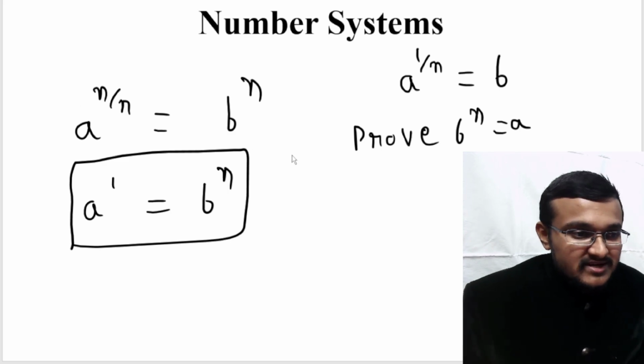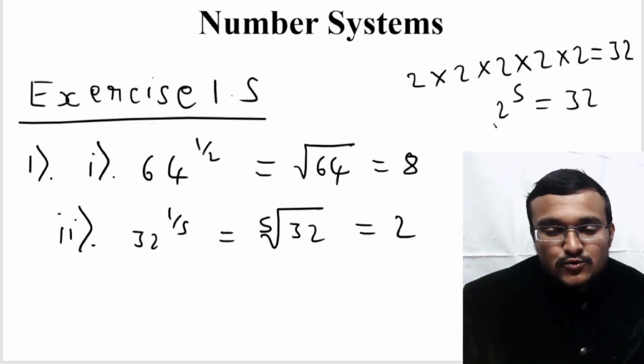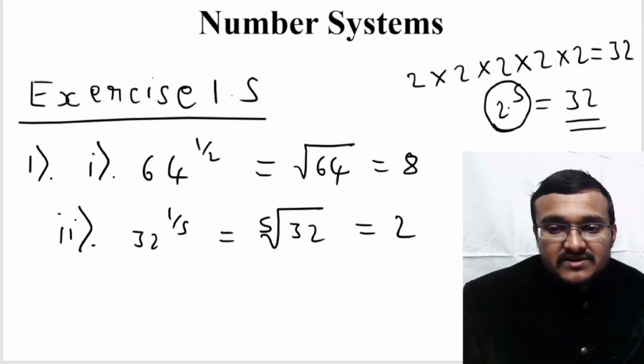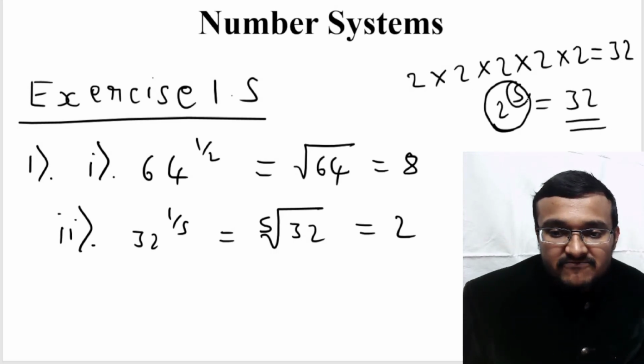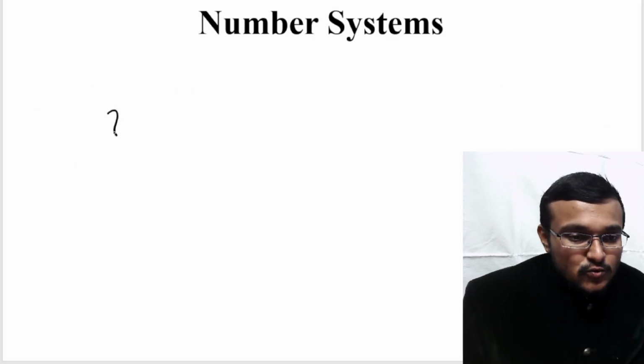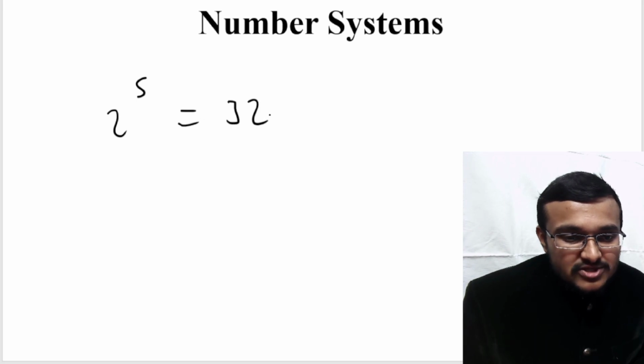Similarly, in this particular exercise, we have 2 power 5 is equal to 32. So that means here 2 power 5, when you bring this 5 to RHS, then it becomes 1 by 5. That means 2 power 5 is equal to 32.